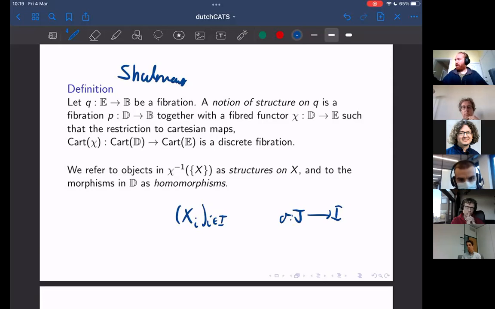So maybe a kind of group theoretic structure, if you like.